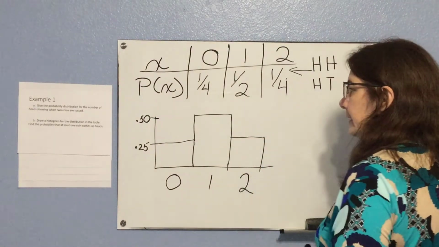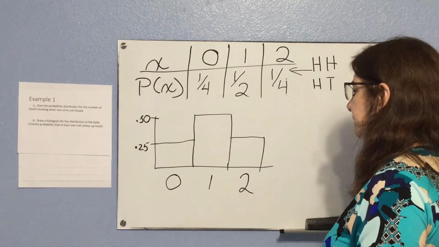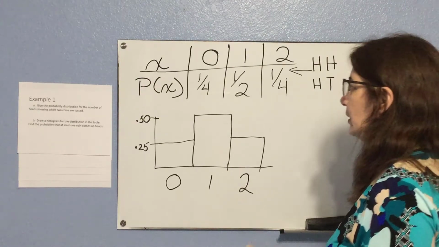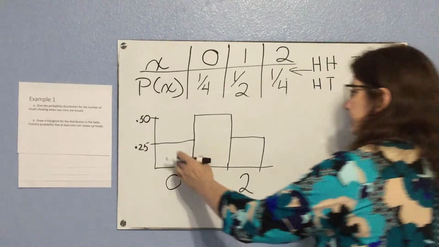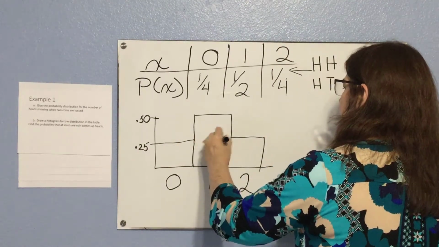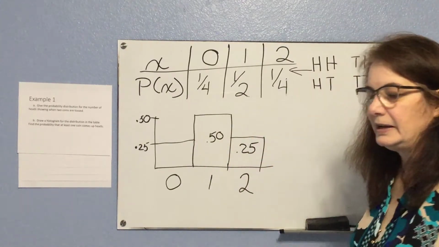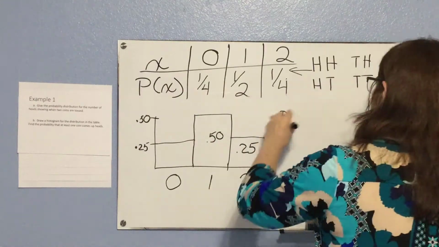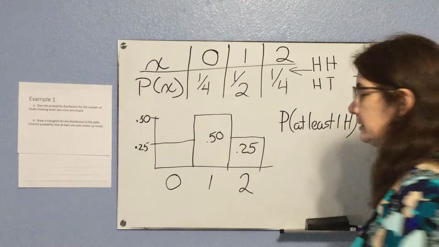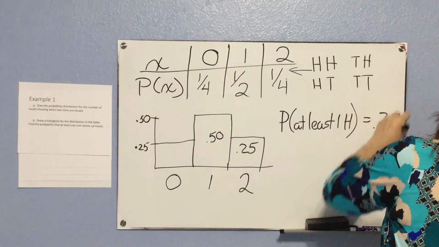So there's my histogram. Find the probability that at least one coin comes up heads. Well, the only time that one coin doesn't come up heads is over here at the 0.25. So I got 0.50 and 0.25 over here. So the probability of getting at least one head, remember that at least one means either I get one or I get two. So this would be 0.75.